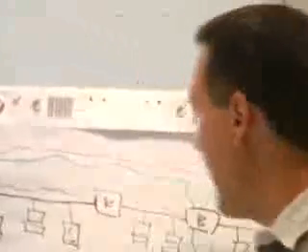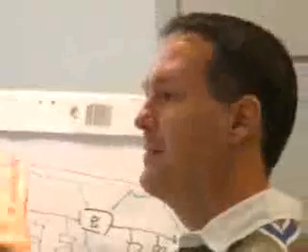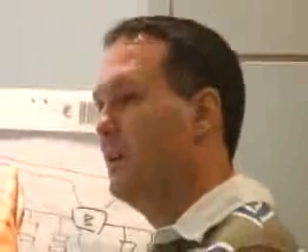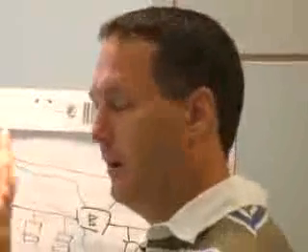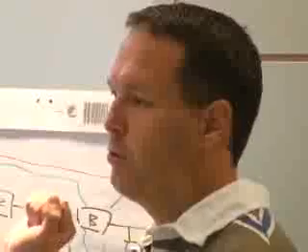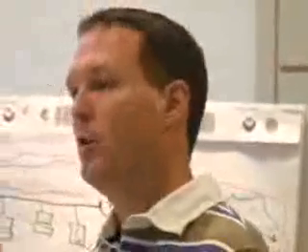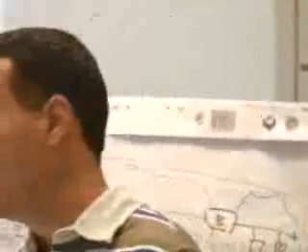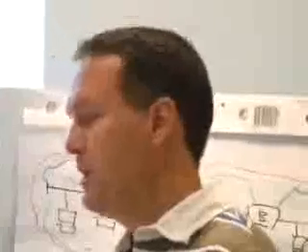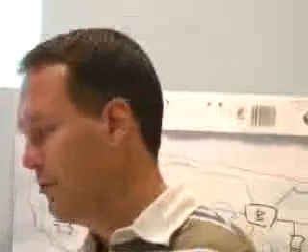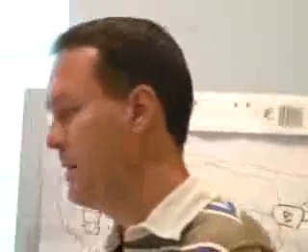Now, if you understand what happens with collision domains and only one at a time sending data, you can see that this is not very efficient. So what we do is we put switches in, and we create smaller collision domains. So instead of having all users on the same collision domain, we use switches to create smaller collision domains.